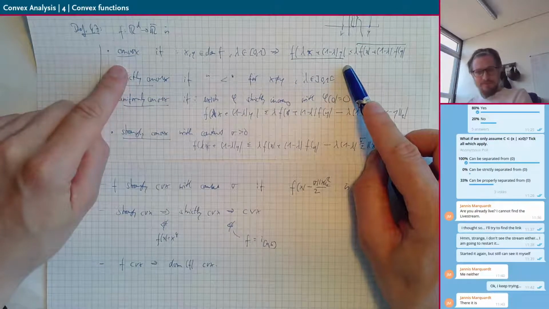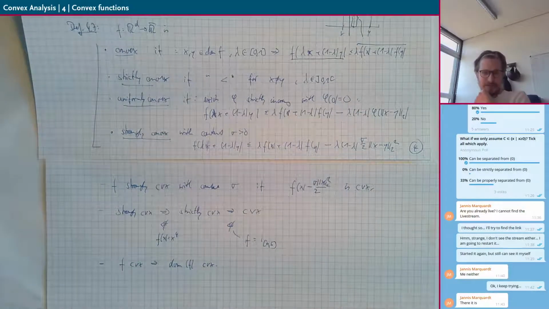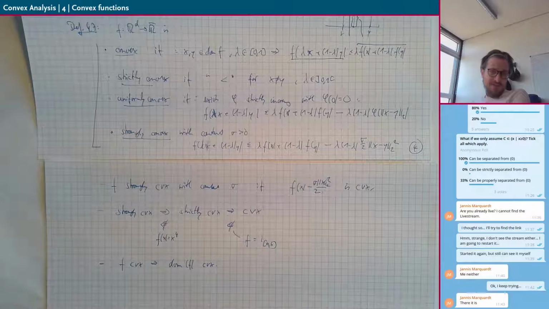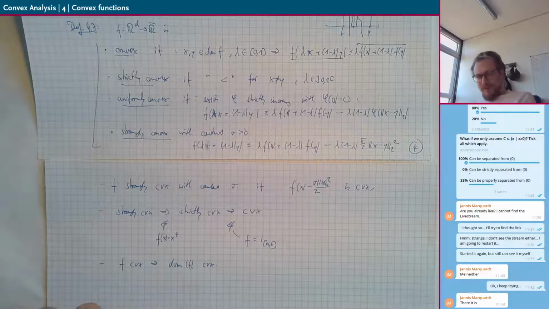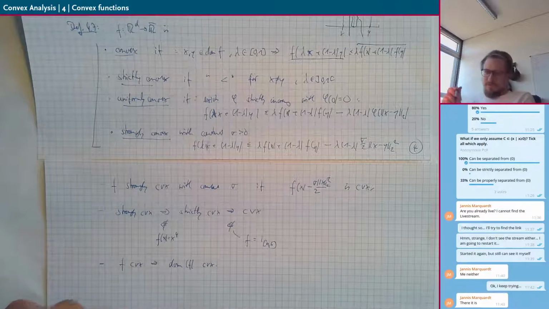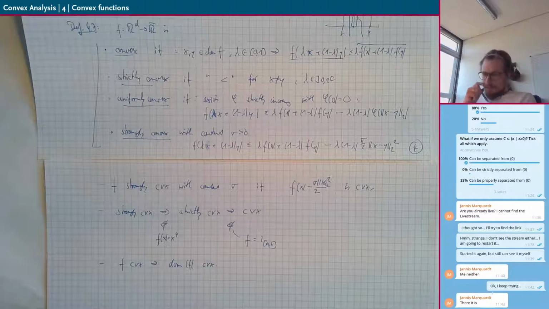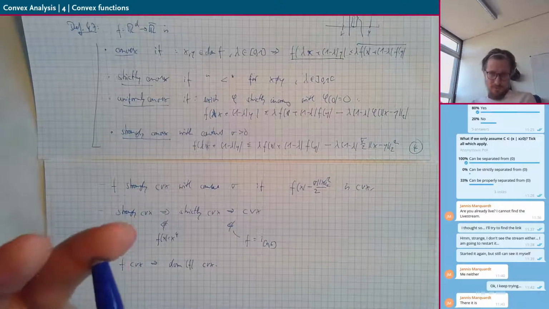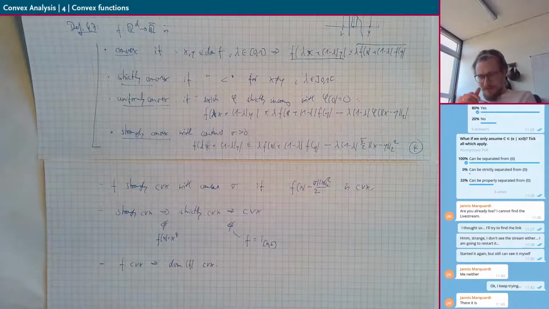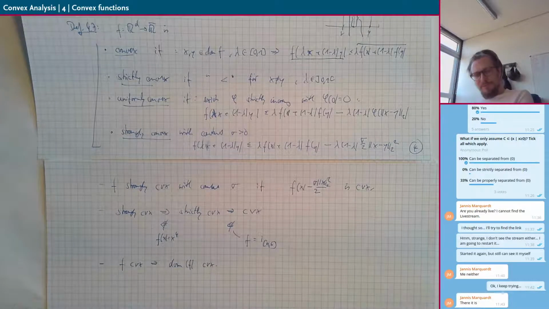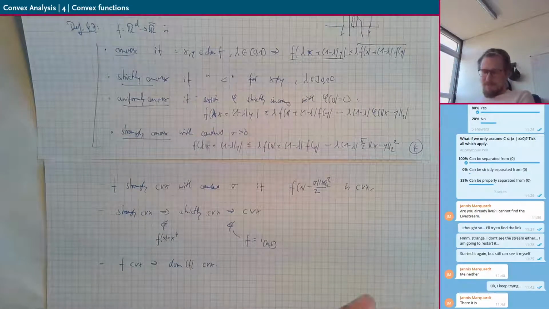And with this, we can nicely talk about proper lower semi-continuous convex functions, because the function is proper, convex, and lower semi-continuous if the epigraph is non-empty, convex, and closed. So properness of the function corresponds to non-empty epigraphs, excluding the value minus infinity.